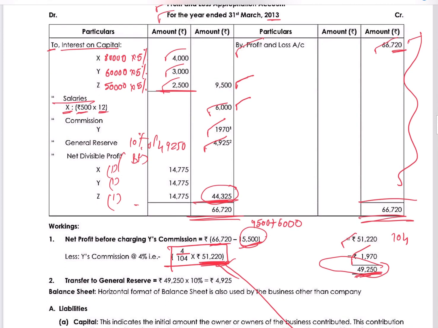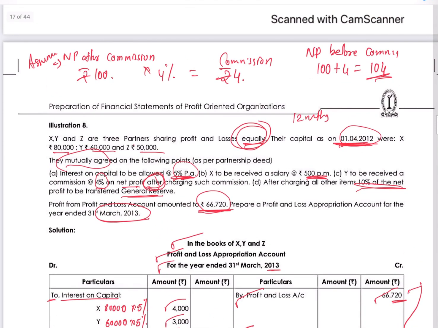So P&L appropriation is always for the adjustments within the business, among the partners and owners. Whatever net profit adjustments are made will be reflected in the P&L appropriation account.